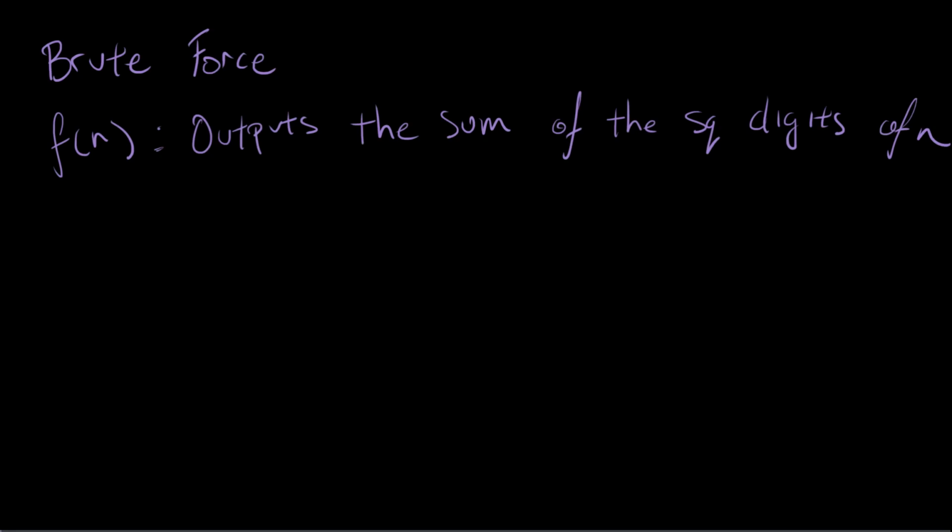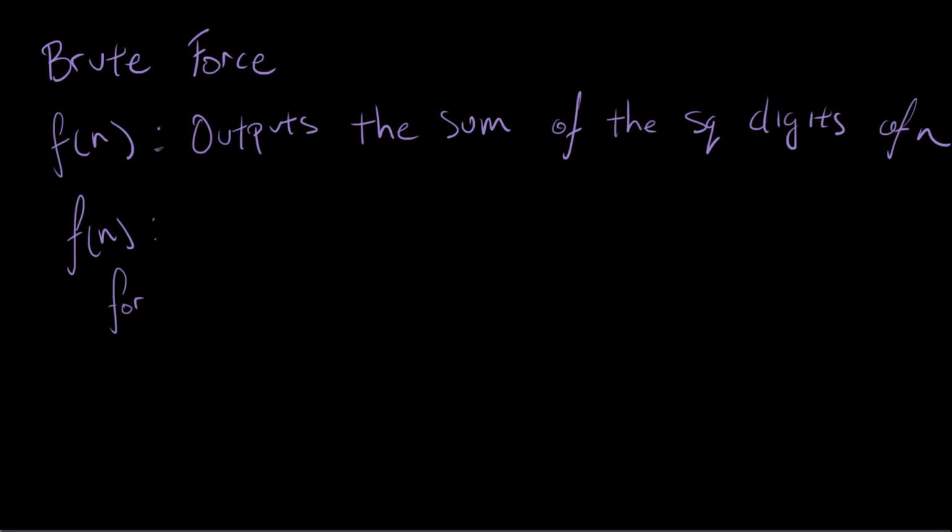There are several ways to do this. The simplest to code, but slightly less efficient, is to just treat n as a string. And so I'll be writing this in pseudocode, which is quite adjacent to Python. If we have n, which is an integer, we can just convert it to a string and then iterate through its digits, which are now characters.